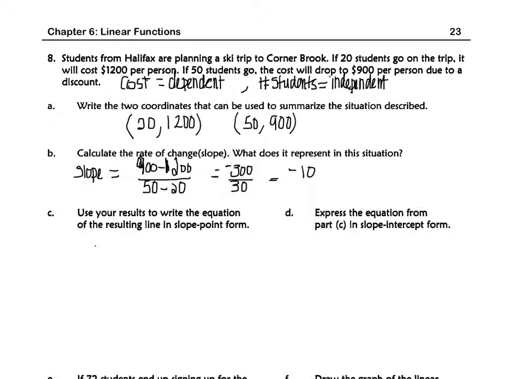Now the dependent variable is dollars and the independent variable is people, and even though we have negative dollars in this sense, it means that the price will drop by $10 per student.